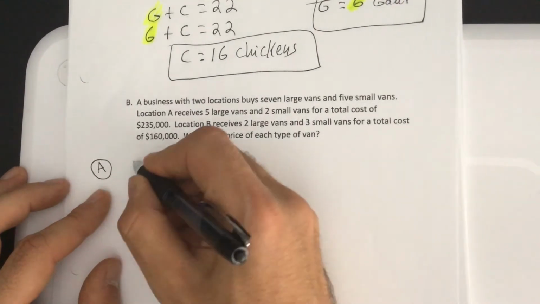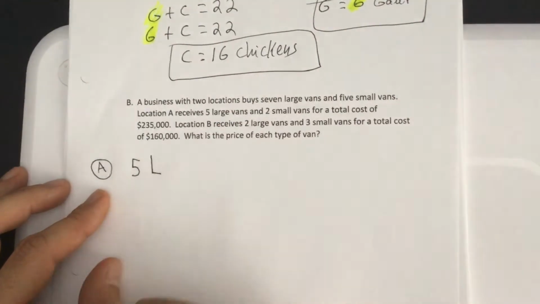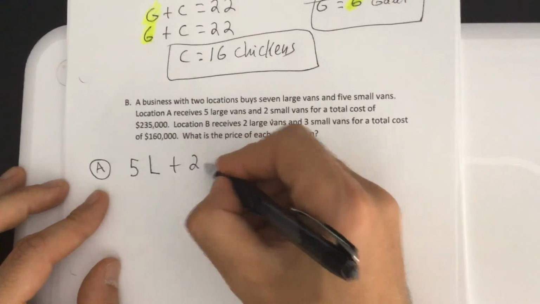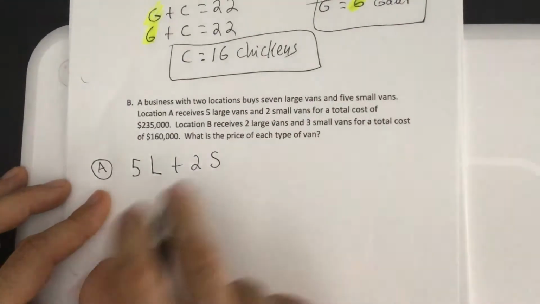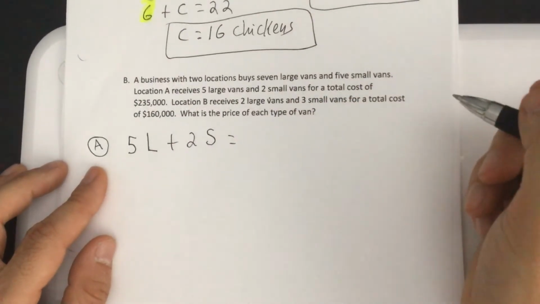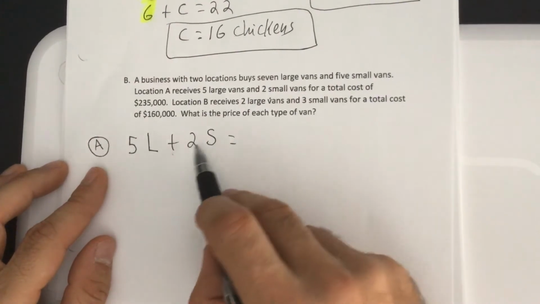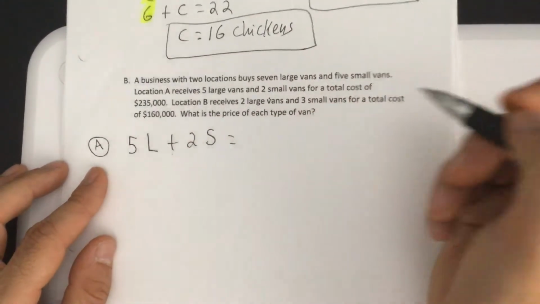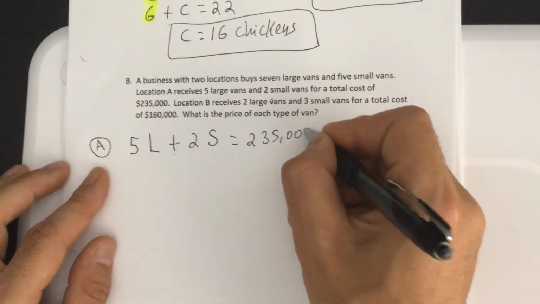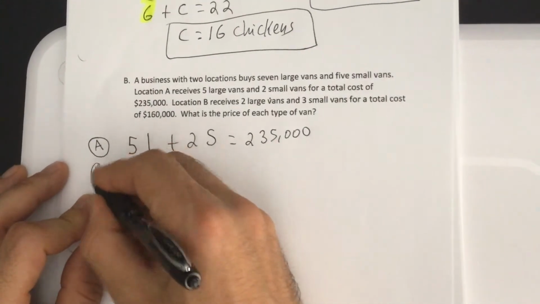So 5 large bands, I'm going to call L the large bands, plus 2 small bands, that's an S, small, equals the price. 5 times the price of the large band plus 2 times the price of the small bands. They're spending a total of $235,000. That's location A.